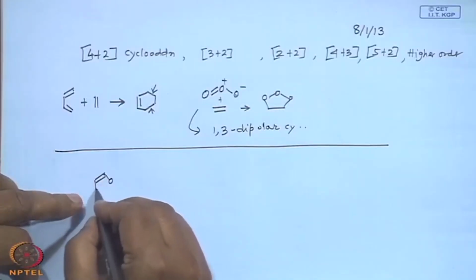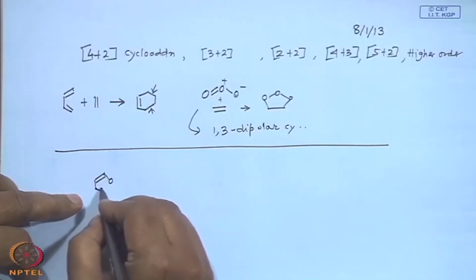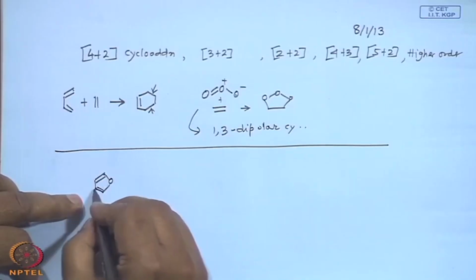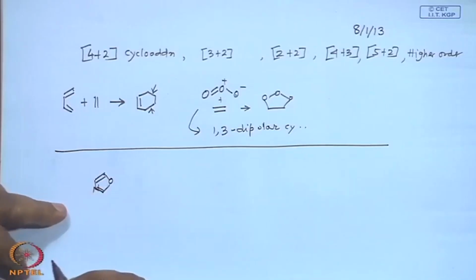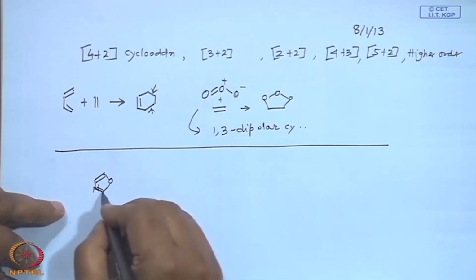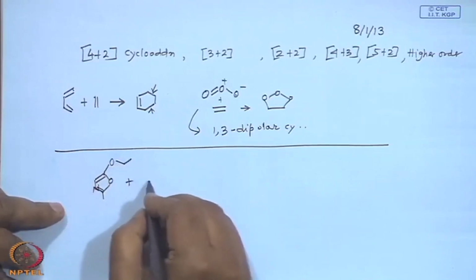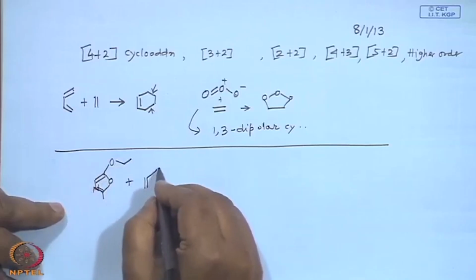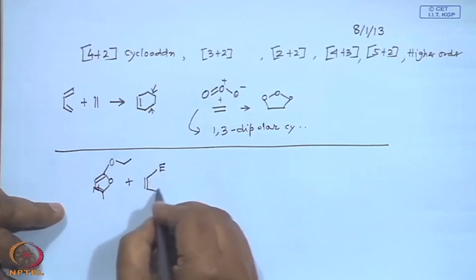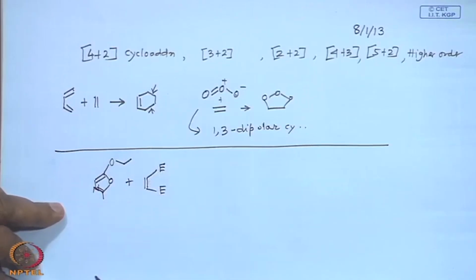Like this one is a case in the synthesis of vitamin B6, where you start with a compound called oxazole. Good. Now you have a substituted oxazole, and then you react it with this diester maleate.